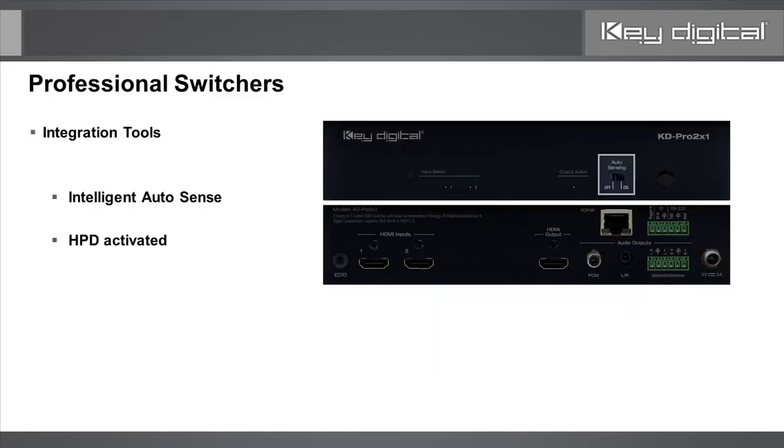Let's take a look at one of the most common integration tools used on the KD Pro 2x1 and KD Pro 4x1. This is intelligent auto sensing, and not only having auto sensing, but also having the ability to lock it in to the on or off position.